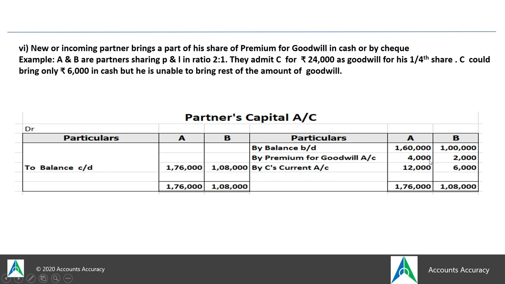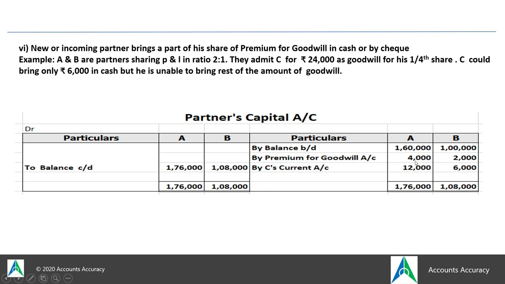So you will have to allocate 6,000 in the sacrificing ratio among A and B in the old partners' capital accounts, and the rest, 18,000, will be raised from the new partner's current account, that is C's current account. Again, 18,000 will be divided in the sacrificing ratio, that is 2:1. So 18,000 into 2/3 is 12,000 and 18,000 into 1/3 is 6,000.